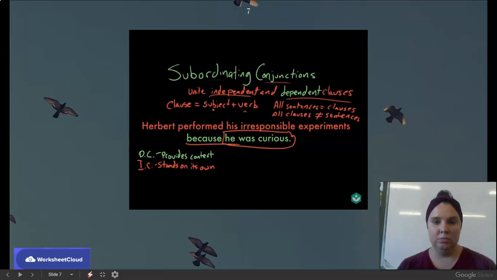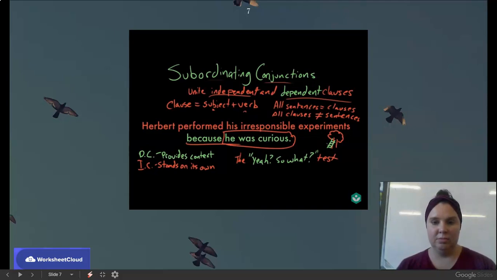But because he was curious asks more questions than it answers. Because he was curious, what? If a clause causes you to ask, yeah, so what? Then it's probably a dependent clause. Write that down. Put that in a doctrine. So a dependent clause should cause you to ask, yeah, so what?